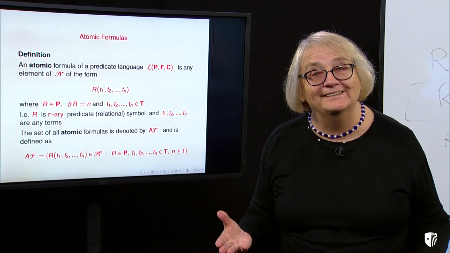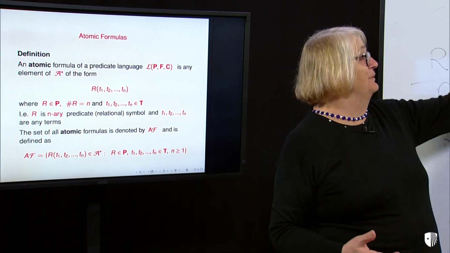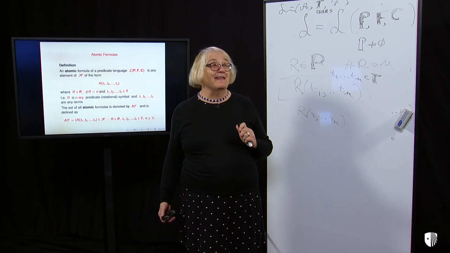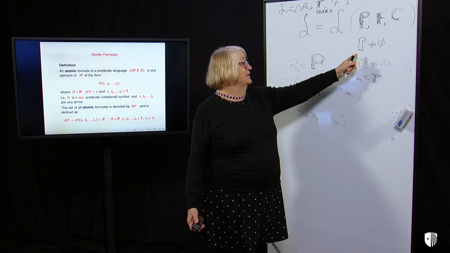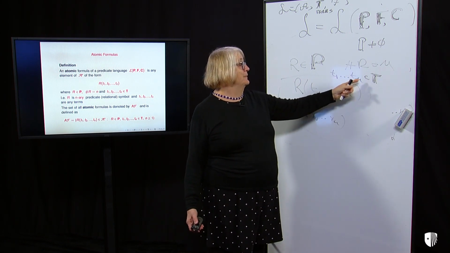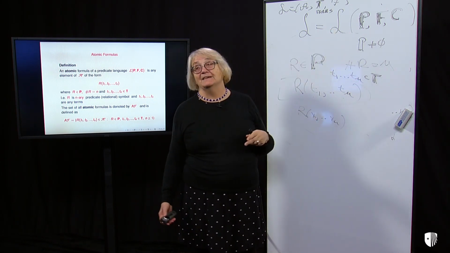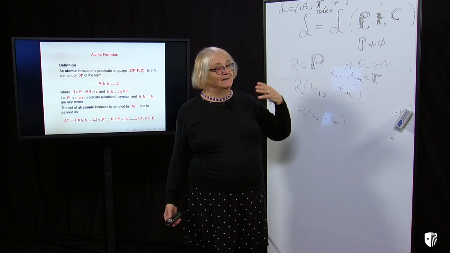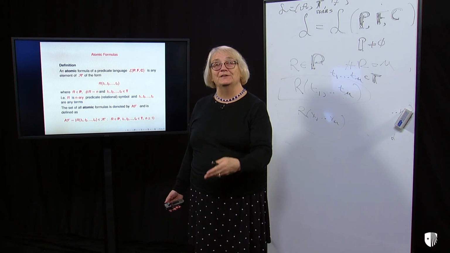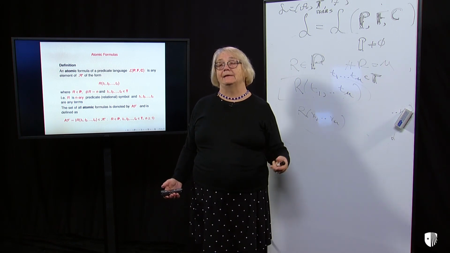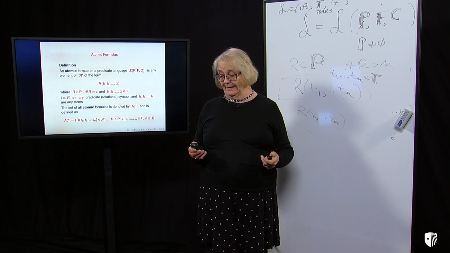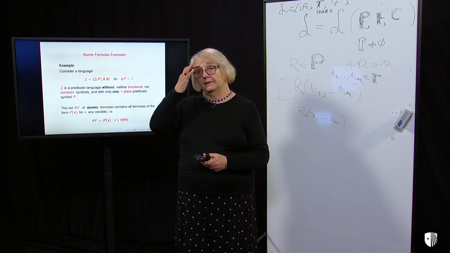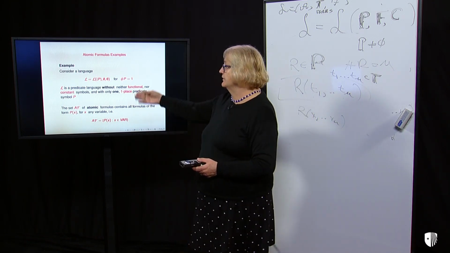Why is it non-empty? Because P is non-empty, so there is at least one R, and the set of terms is also non-empty because all variables are terms, and there are infinitely countably many terms. So you always have infinitely countably many atomic formulas. Here, on the blackboard, I already wrote different examples.